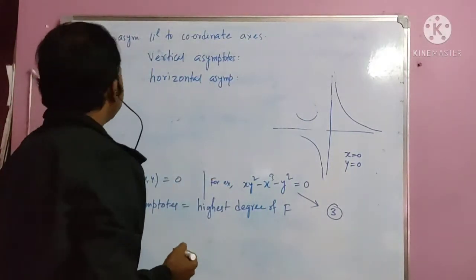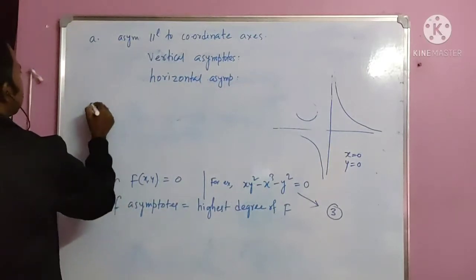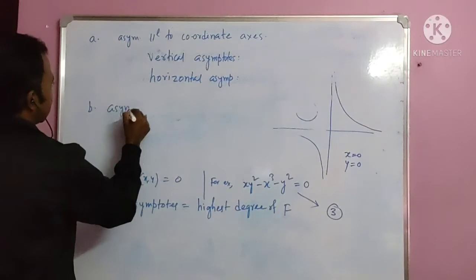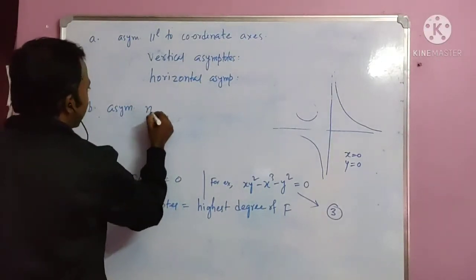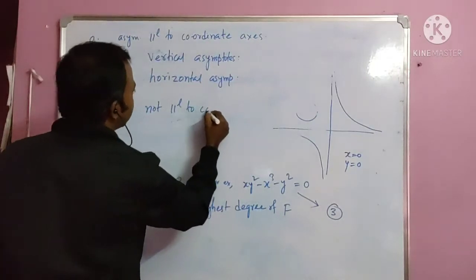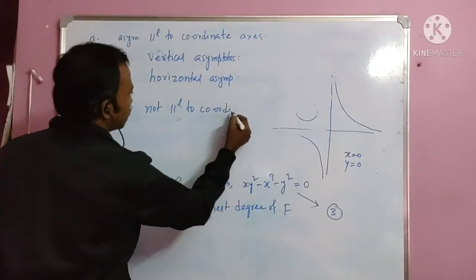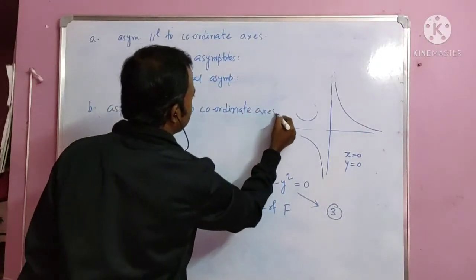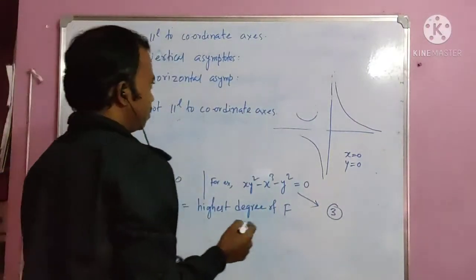And the next one, asymptotes which are not parallel to the coordinate axis. These portions. There are 2 possibilities.